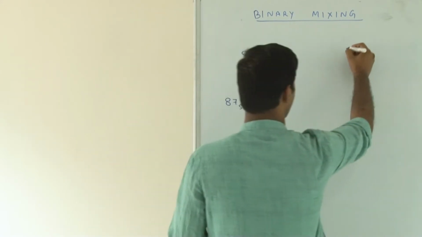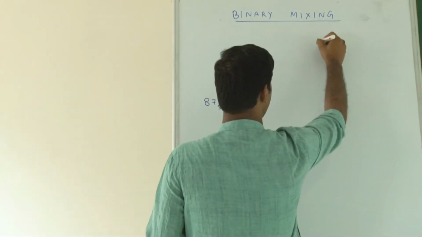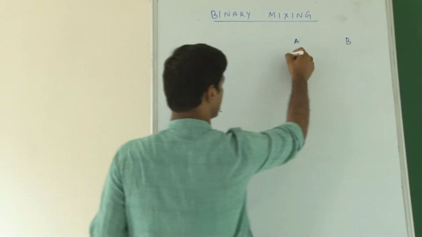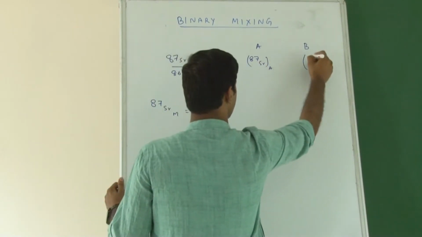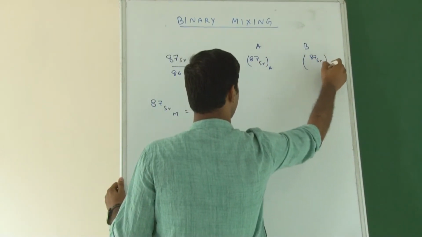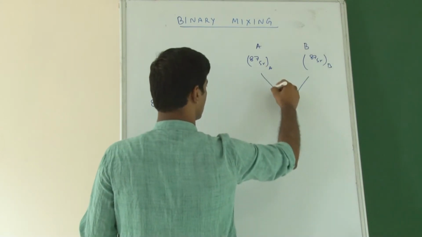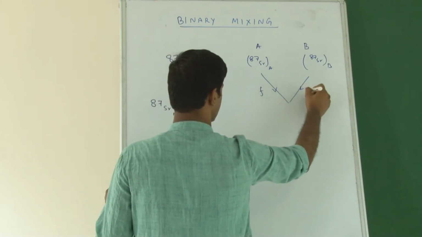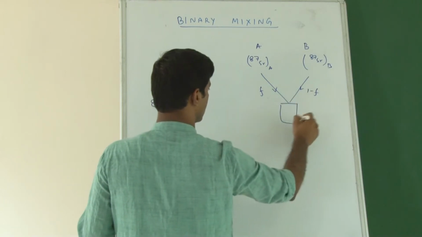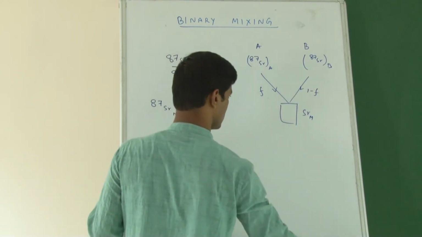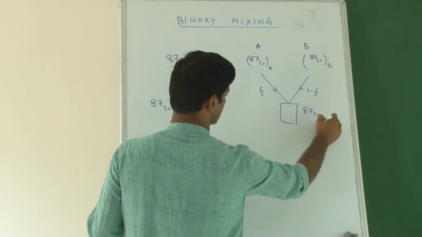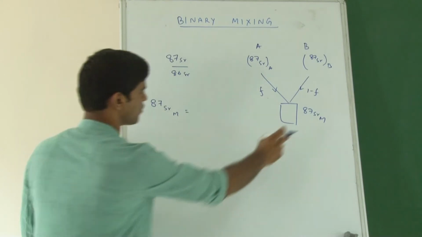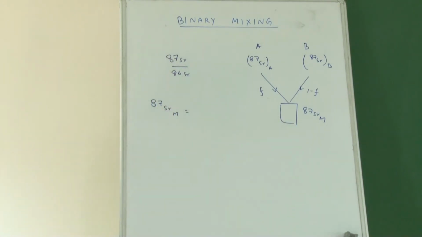So, basically what we are trying is, we have a source A, we have a source B. Let us say this is 87 strontium in A, this is 87 strontium in B. They have mixed in particular proportion. Let us say this is F, then this has to be 1 minus F. Then you are creating an isotopic mixture, 87 strontium mixture, and we are looking for an expression for this mixture and its 87 strontium composition.